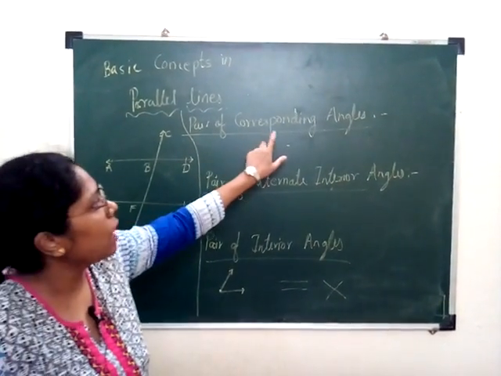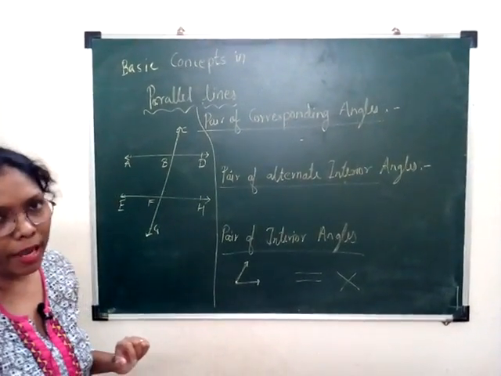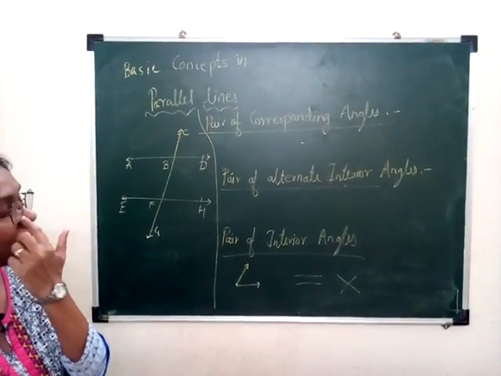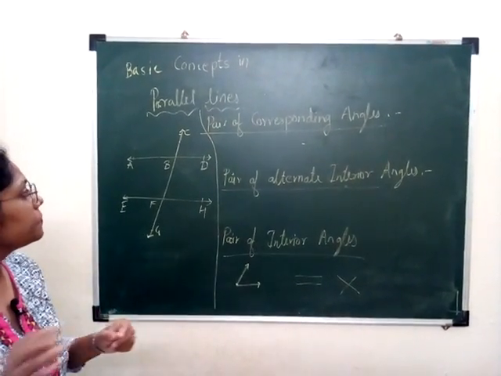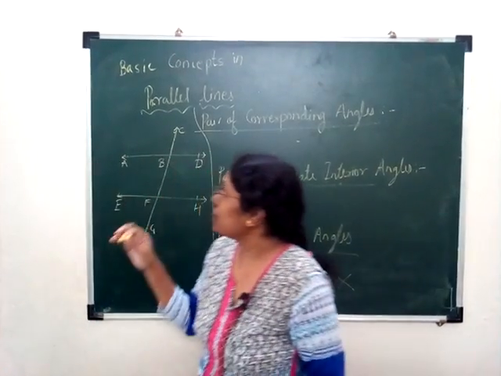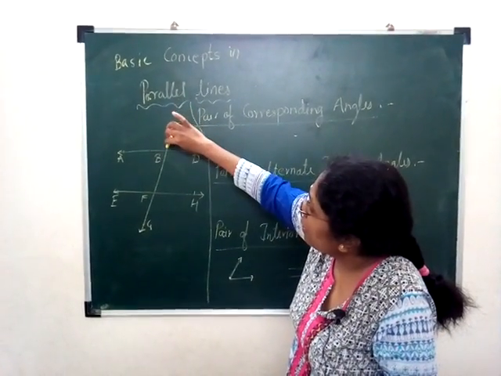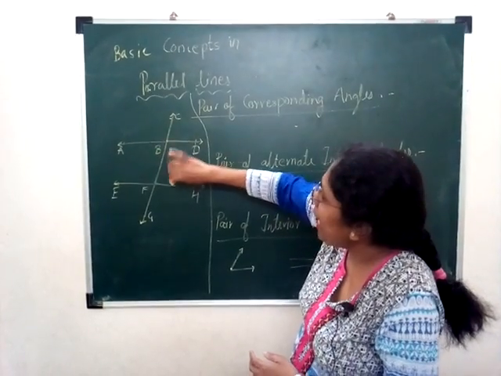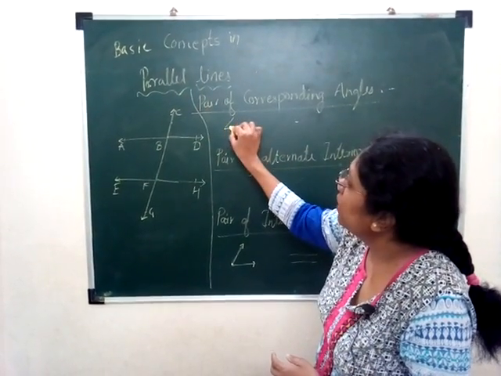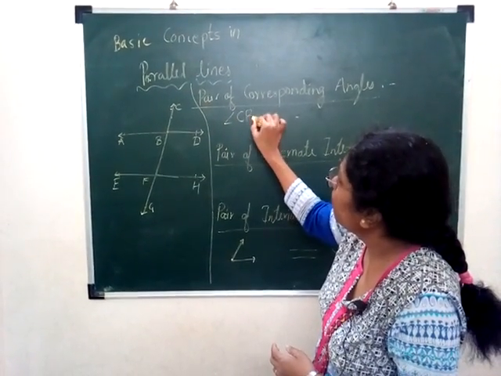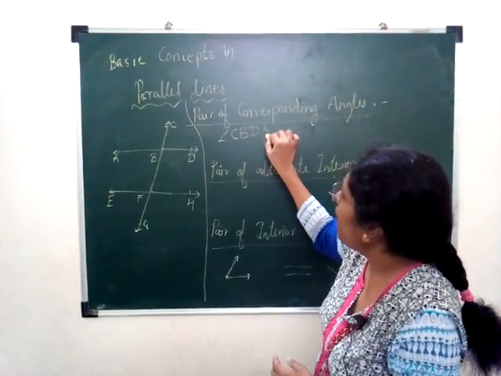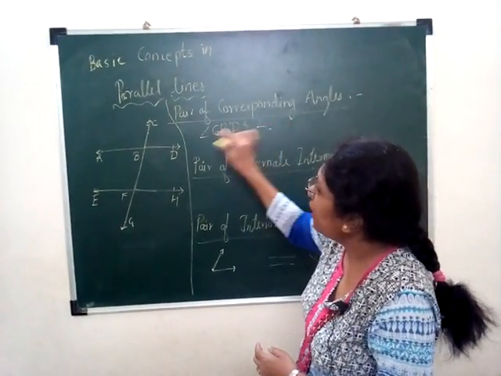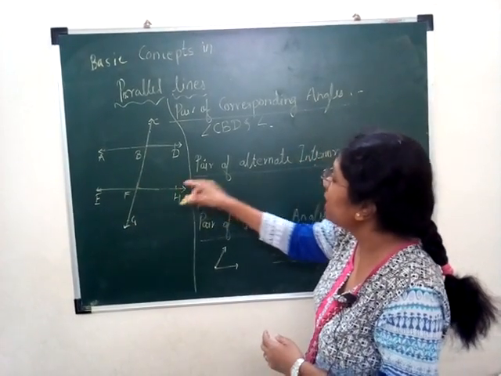Now we have to find out which are the corresponding angles. First understand what a pair of corresponding angles is. A pair of corresponding angles here is particularly this one and this one, that is angle CBD and angle BFH.